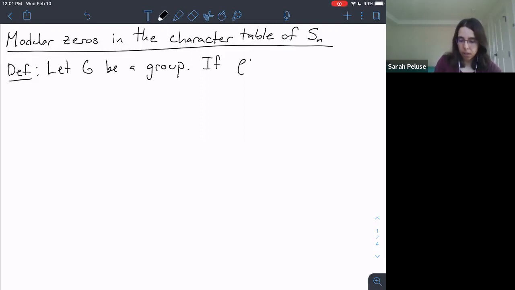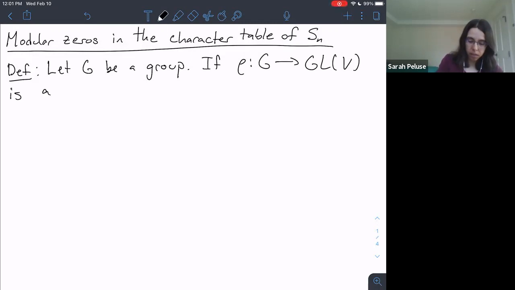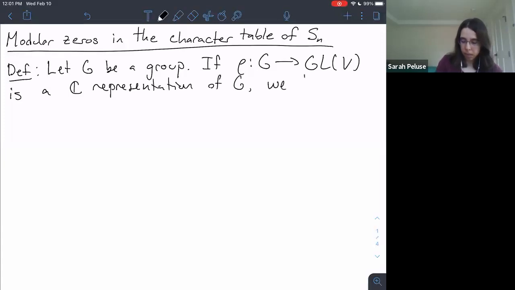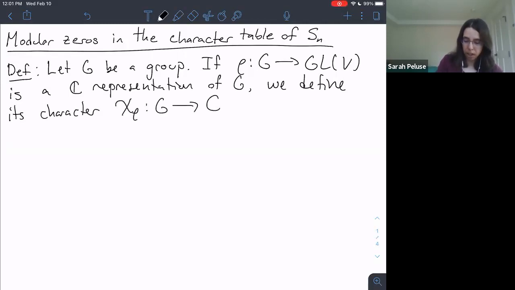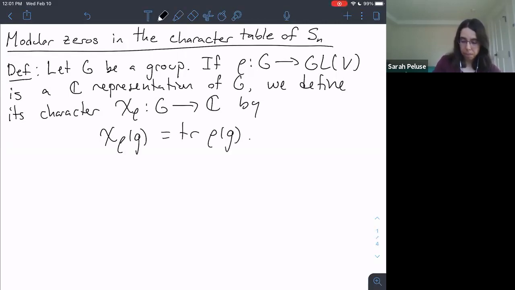So if rho is a representation, we define its character chi sub rho, which is a function from G to the complex numbers, by just taking the trace of the representation evaluated at g.